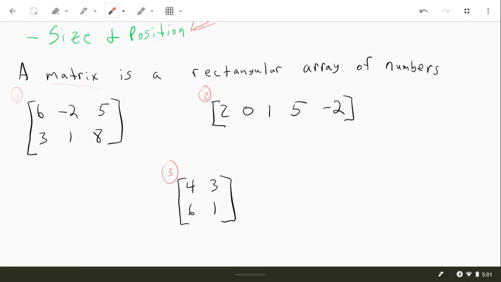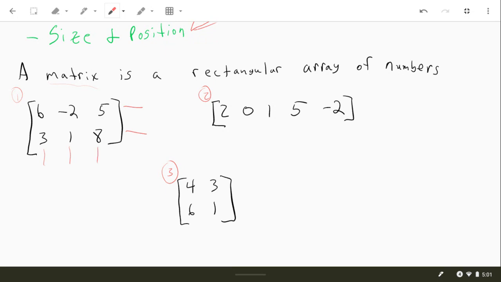Those would be true things. But the convention for how they describe these is they count the number of rows. The ones that go horizontal are the rows. So this one has 2 rows, and they count the number of columns.